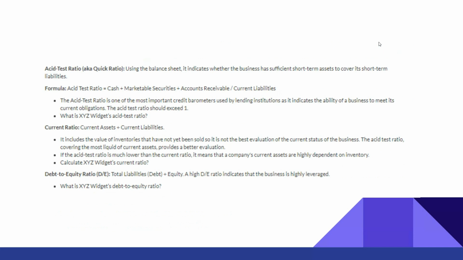Asset test ratio, aka quick ratio, using the balance sheet. It indicates whether the business has sufficient short-term assets to cover its short-term liabilities. Formula: asset test ratio equals cash plus marketable securities plus accounts receivable divided by current liabilities.